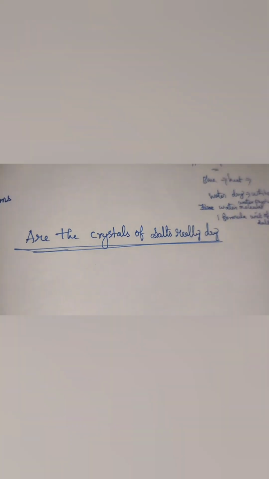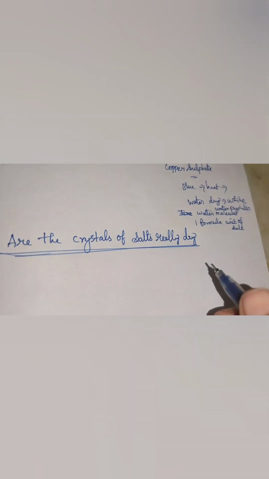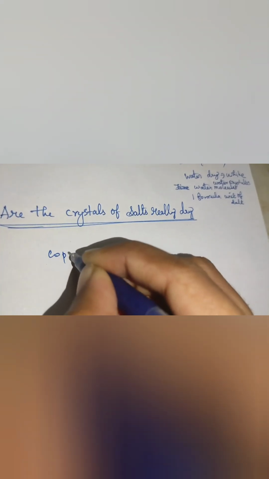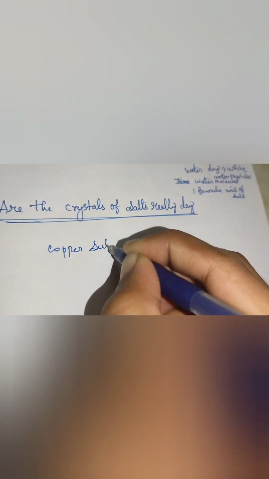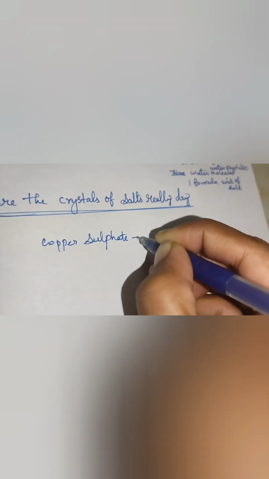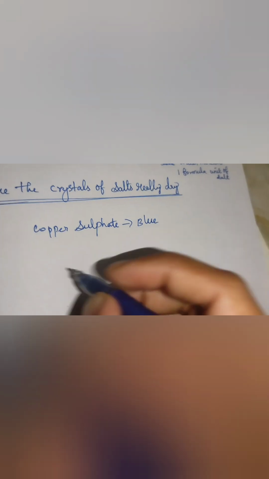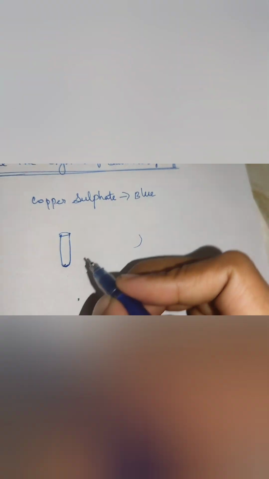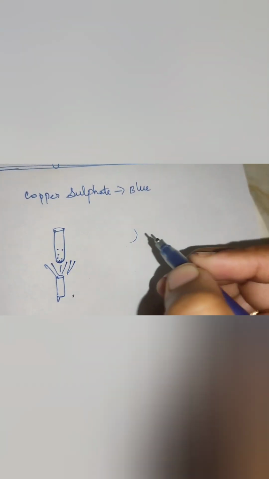The next topic is: are the crystals of salts really dry? For this we are going to take copper sulfate salt. What is the color of copper sulfate? It is blue. I am taking dry copper sulfate in a test tube and heating it. What will happen?